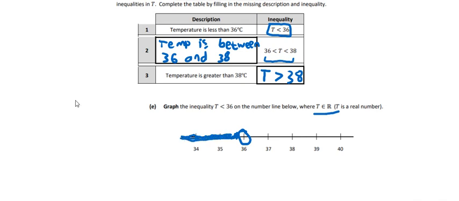As long as you show that you shade it in, you're fine. Because T is less than 36, we don't shade in this circle. If it had a little line underneath, if it was T is less than or equal to 36, you would shade in the circle itself. But it's not, so we leave it open. If it's less than or greater than, you always leave the circle open.